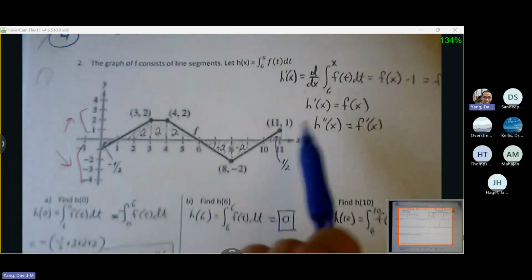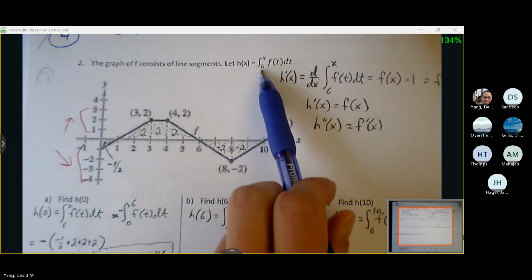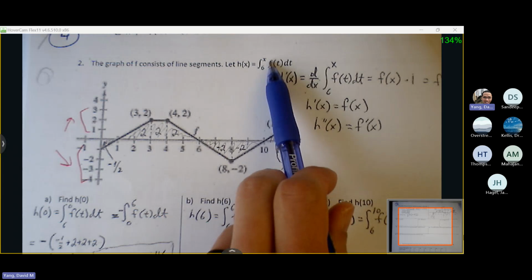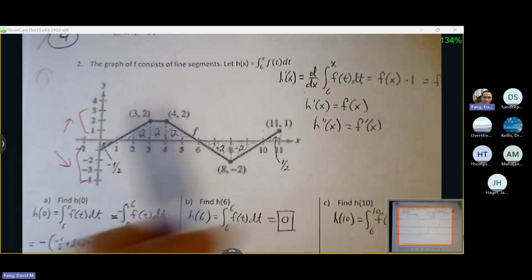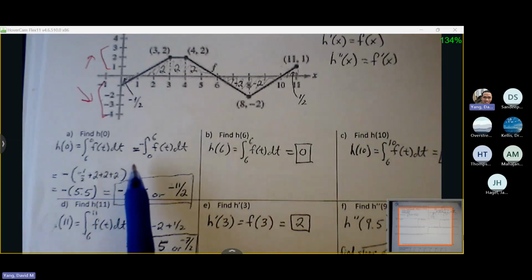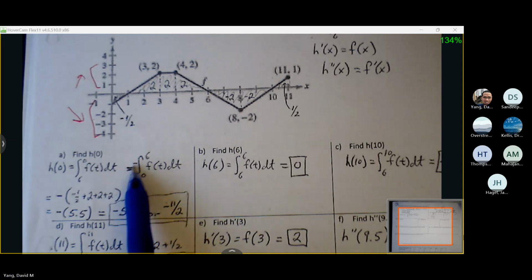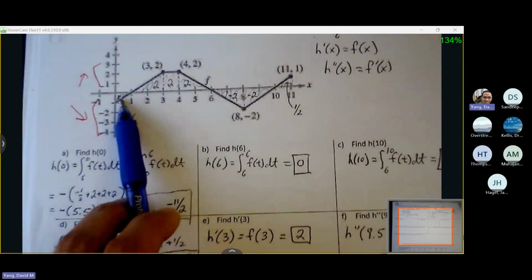Okay, so h of 0 is the integral from 6 to 0 of f of t dt. And if we follow the rule here, the 0 is up above, but we want to read the graph from left to right, and it just feels out of order. So we can go ahead and change the bounds, flip the sign in front with a negative, and now we can add up these numbers.